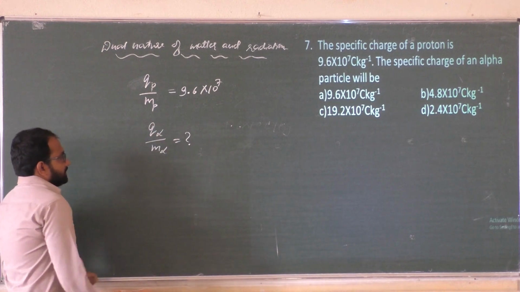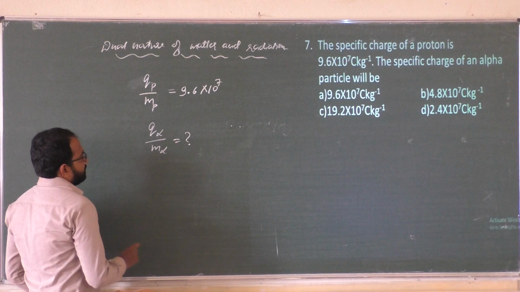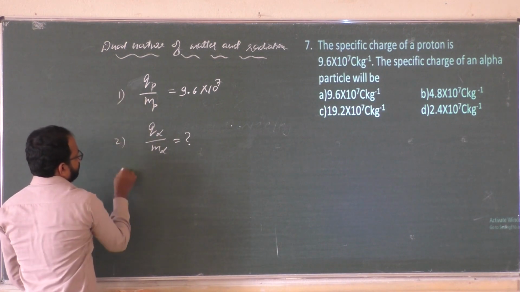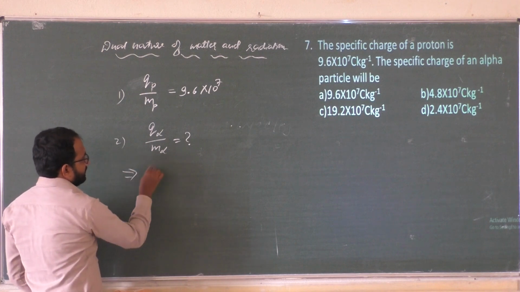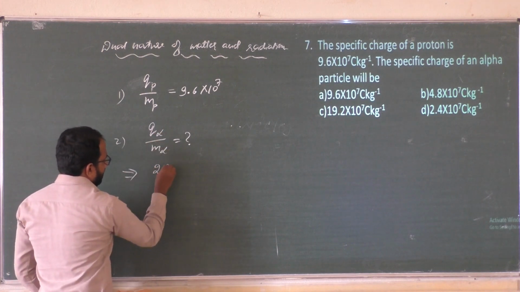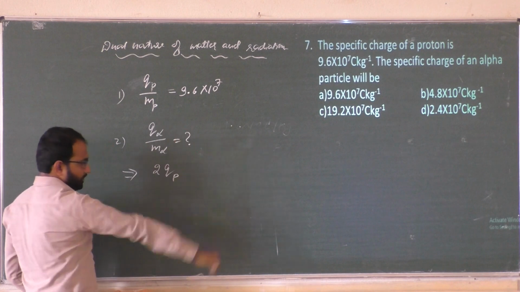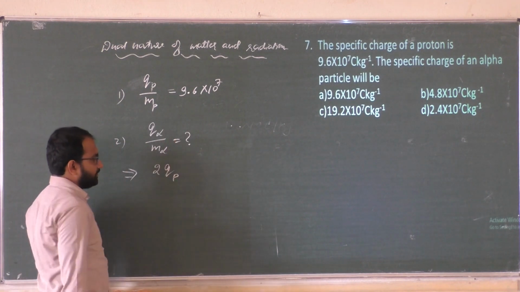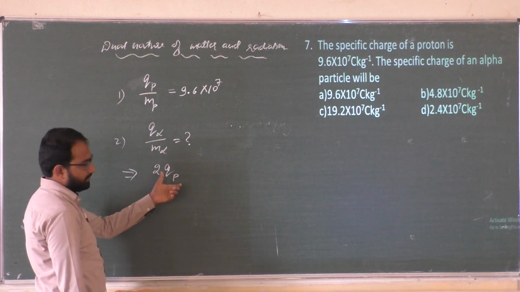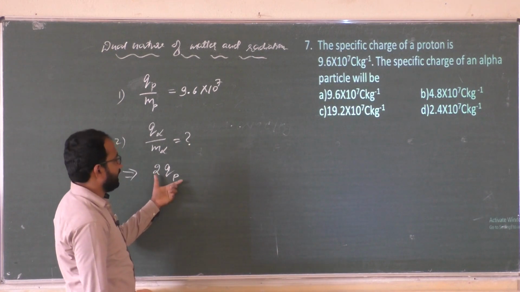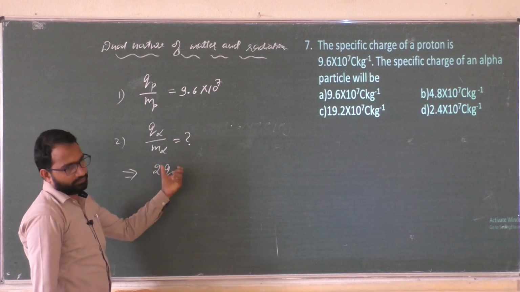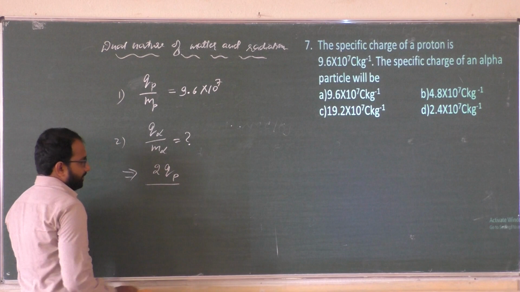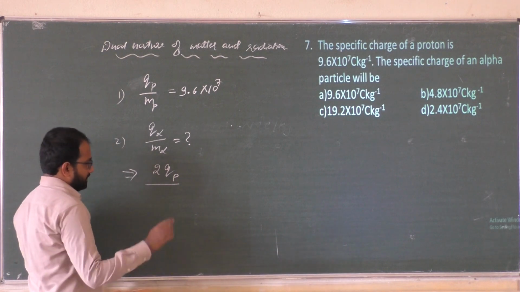See, it has 2 protons, therefore for the alpha particle, Q alpha is 2 times the charge of the proton. Its charge is 2 into Qp, where Qp is the charge of the proton. Now it has 2 protons, therefore twice the charge of proton, divided by M alpha. What about mass?